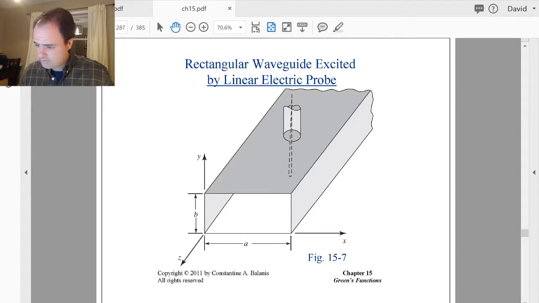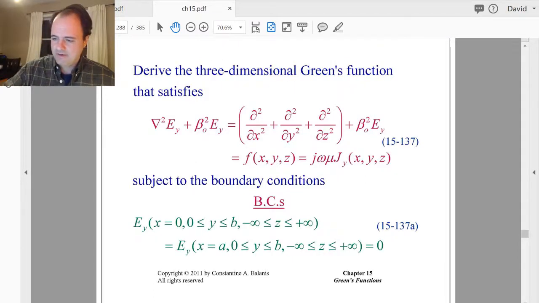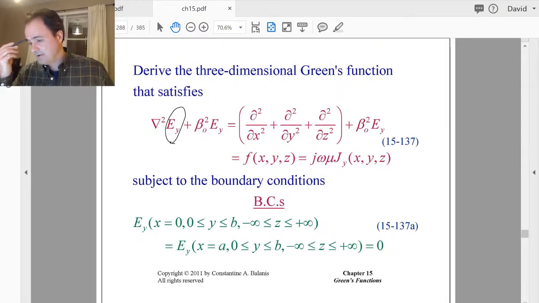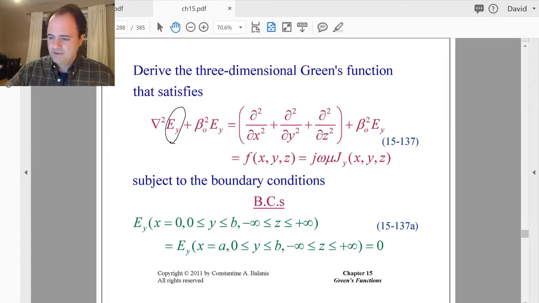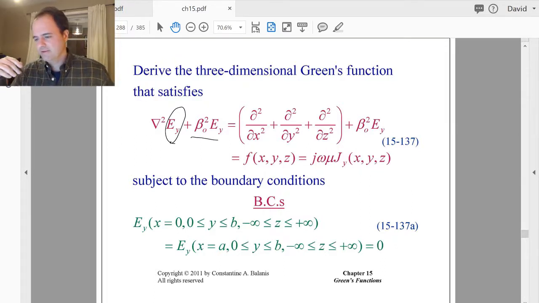So here's our probe in the y direction, and we are going to be exciting an E of y, and it's time harmonic. So we have a beta naught squared.